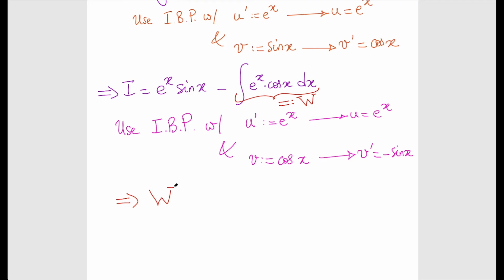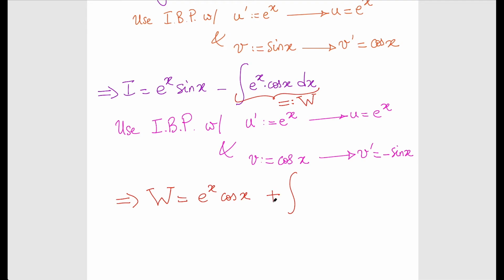So therefore W is equal to, by IBP, what? UV, so e^x cosine x, minus the primitive of UV prime, so minus the primitive of e^x times negative sine x.